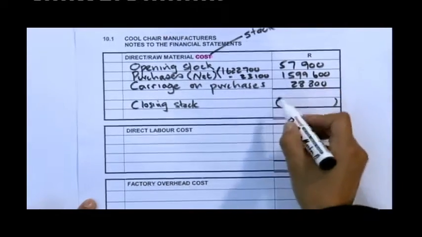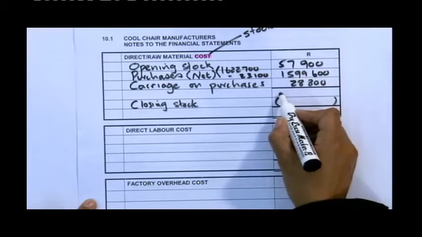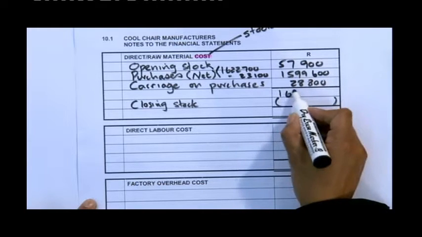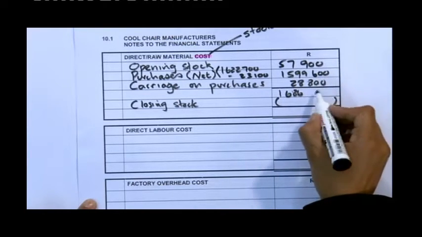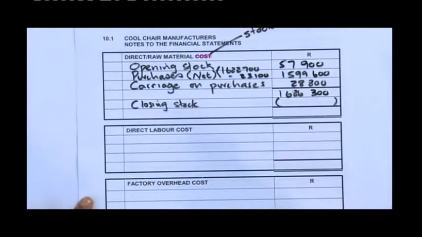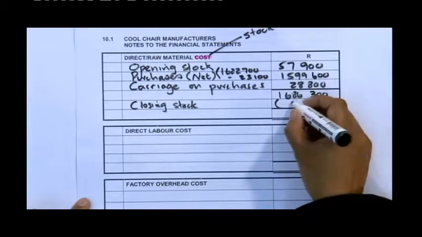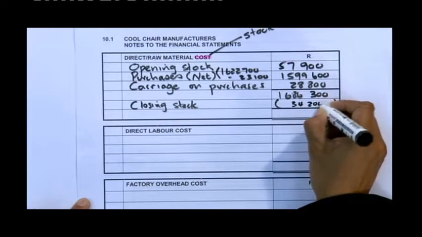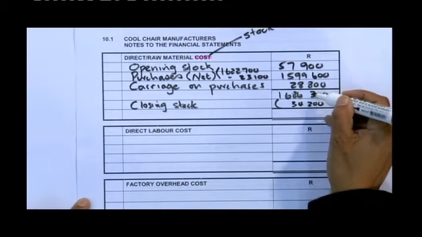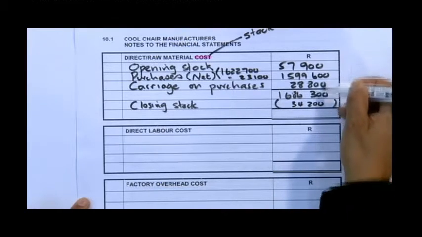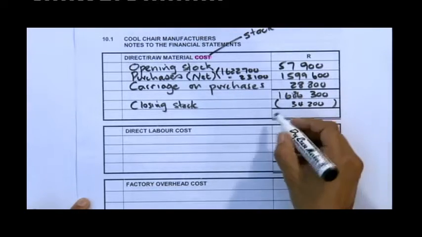Add the 3 together, that plus that plus that, and I'll get 1,686,300 Rand. My closing stock I've also identified, which is 34,200. And now I say the amount, which is all the value of all my purchases, minus my closing stock.